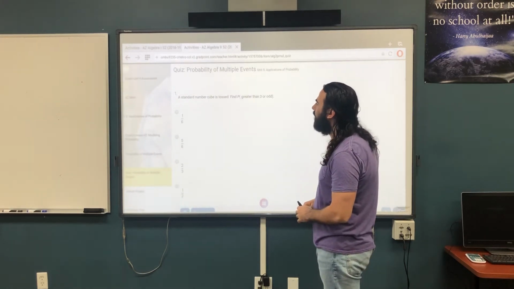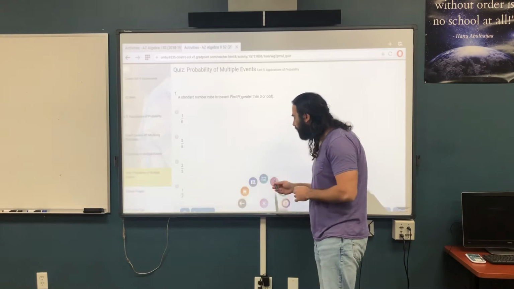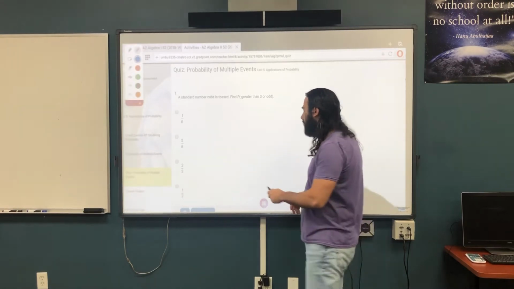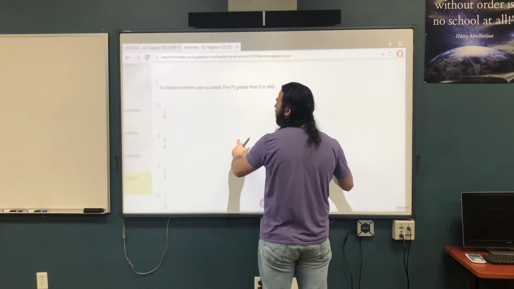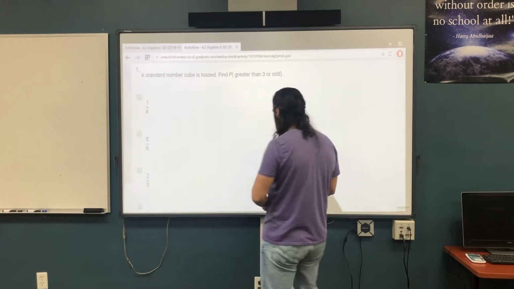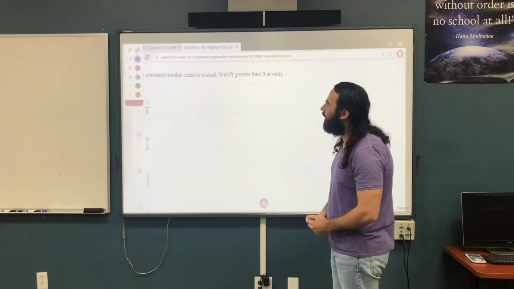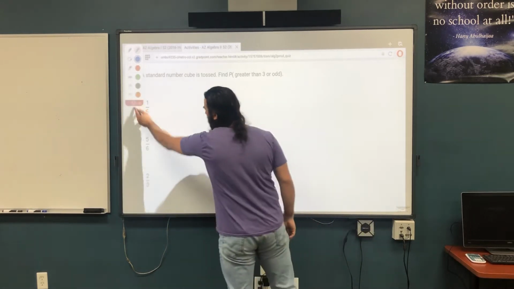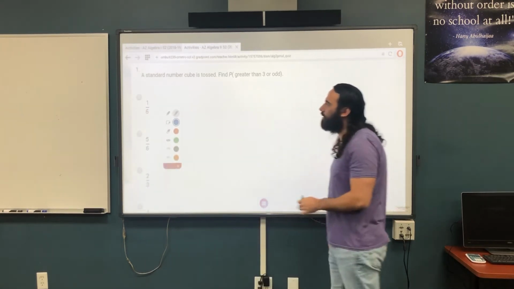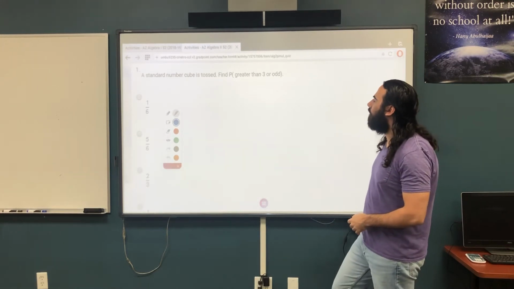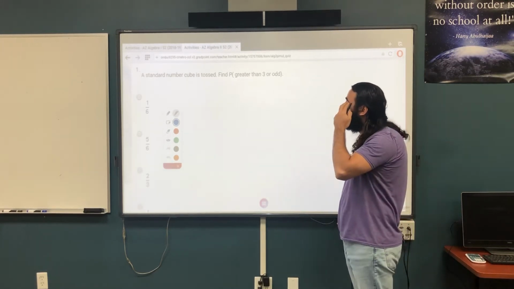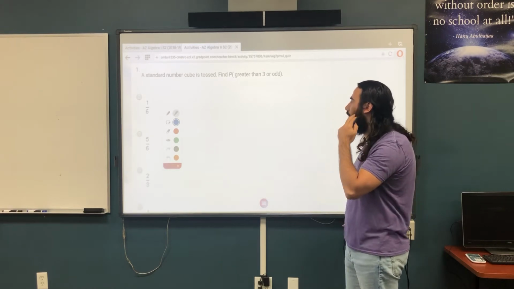So the first one says that, let me zoom in a little bit more. A standard number cube is tossed. Find the probability of all the numbers that are greater than 3 or odd.